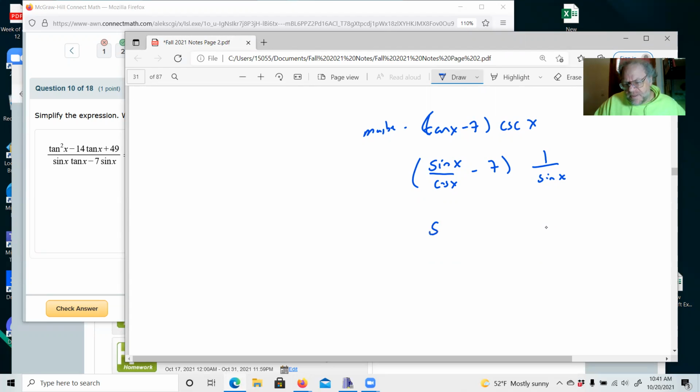So we have sine x minus 7 cosine x all over cosine x times 1 over sine x. I am not seeing this as a no-fraction sort of thing, so I'm going to put this in the maybe pile, but now I'm coming back to it. I like sine x minus 7 times cosecant x.